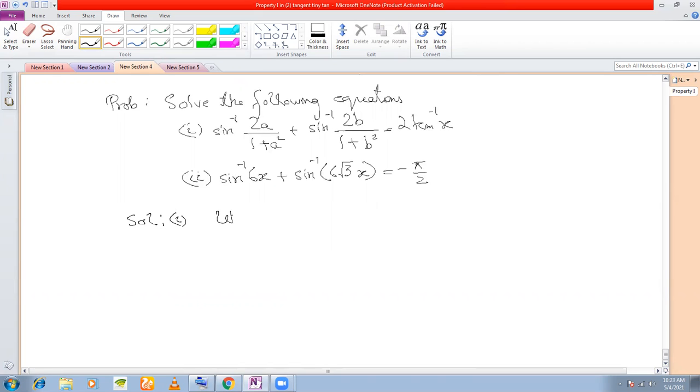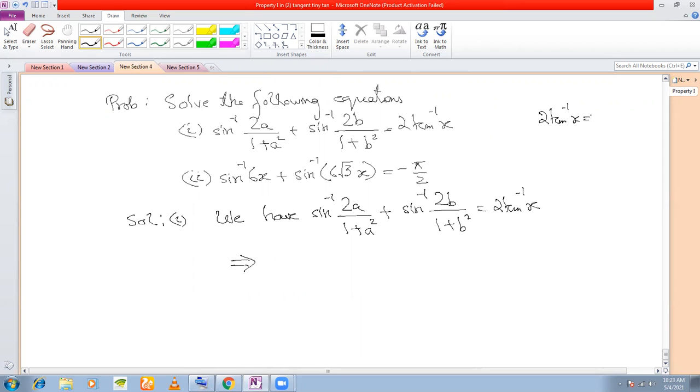So we have sin inverse 2a by 1 plus a square plus sin inverse 2b by 1 plus b square is equal to 2 tan inverse x. Now sin inverse 2a by 1 plus a square, does this ring any bell? If you remember, I had shown you 2 tan inverse x is equal to sin inverse 2x by 1 plus x square.